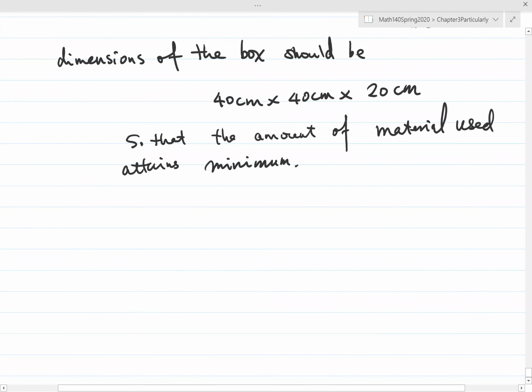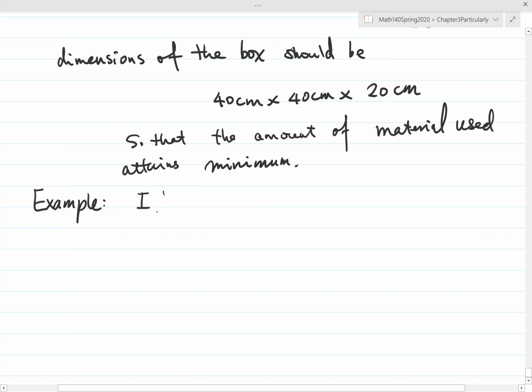One more example. Let's look at this example. Let me quickly do this example because we have around 5 minutes. Now suppose we have a fixed amount of material to make a box.